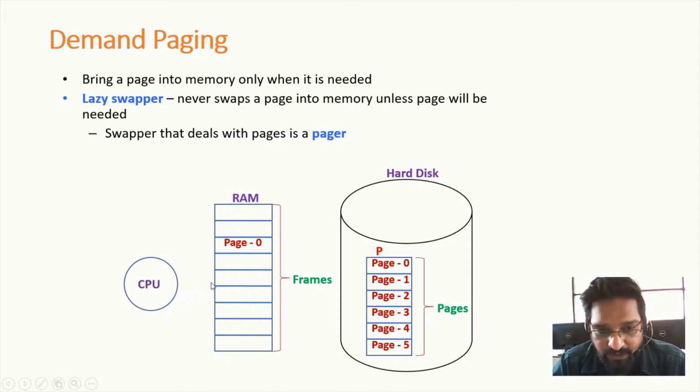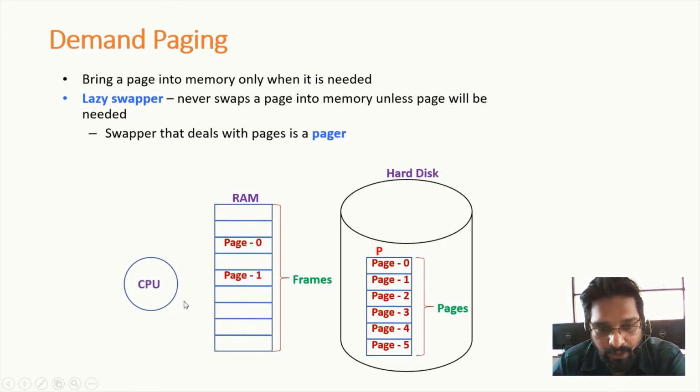Now the CPU is requesting page 1, and that page 1 is not present inside the RAM. So we are going to move page 1 from hard disk to RAM. Once we move page 1 from hard disk to RAM, our RAM looks like this.